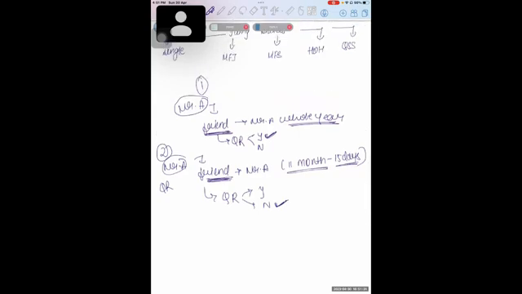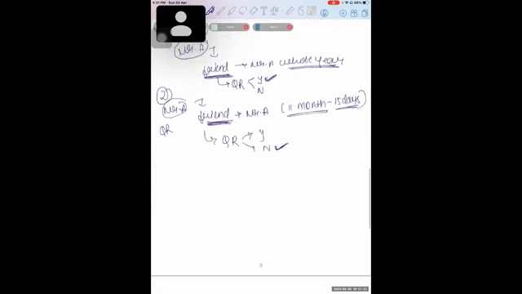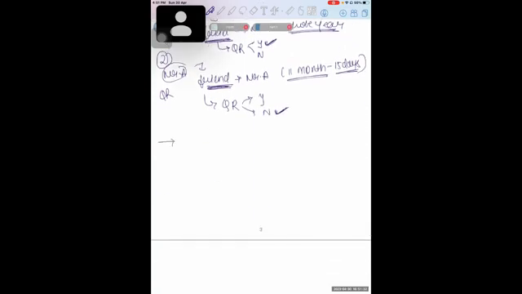Got it, guys? Let's take one more simple example. Let's say Mr. A has an unmarried son, okay, who lived with him all the year and was 25 years old.